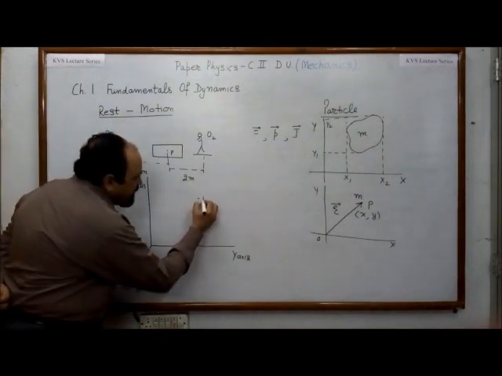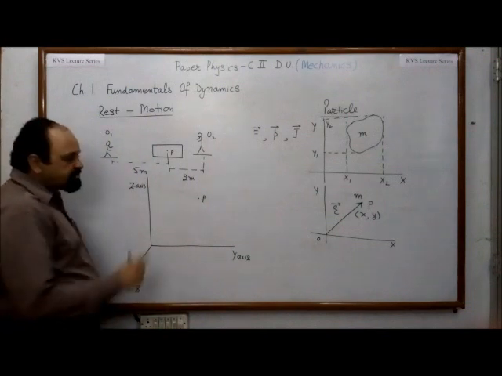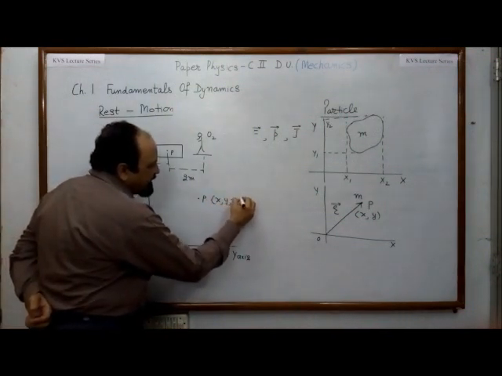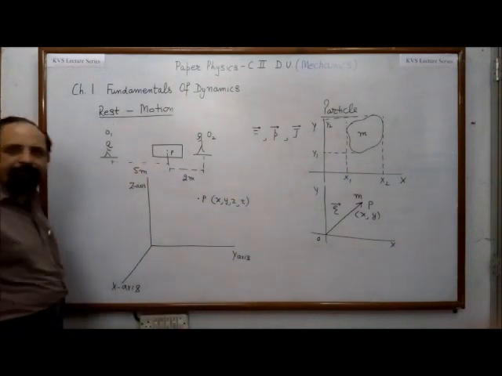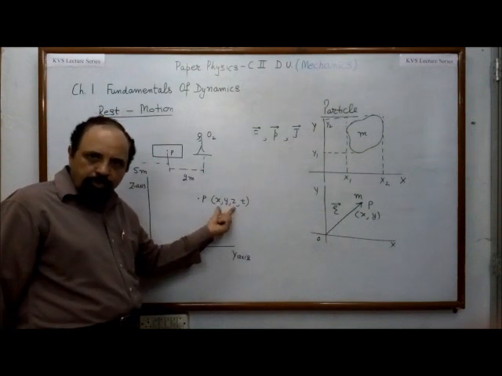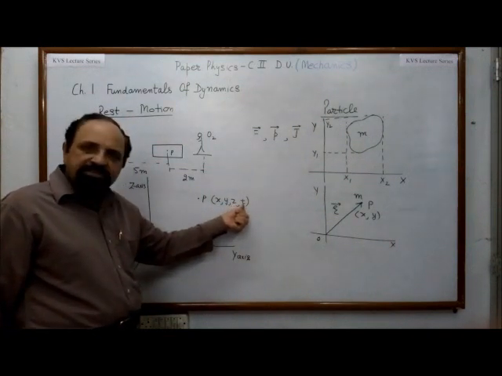This is my particle P, which is supposed to have coordinates x, y, z at time t. Coordinates are x, y, z, position coordinates at the time t.